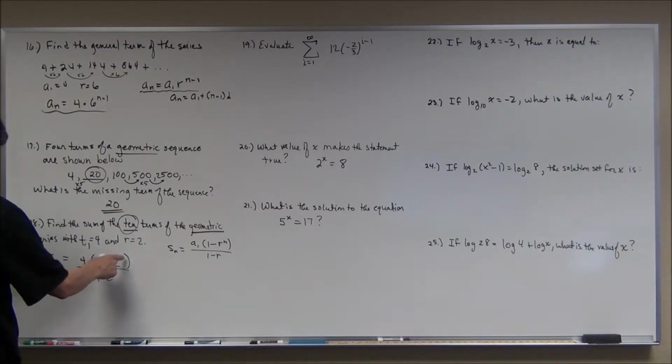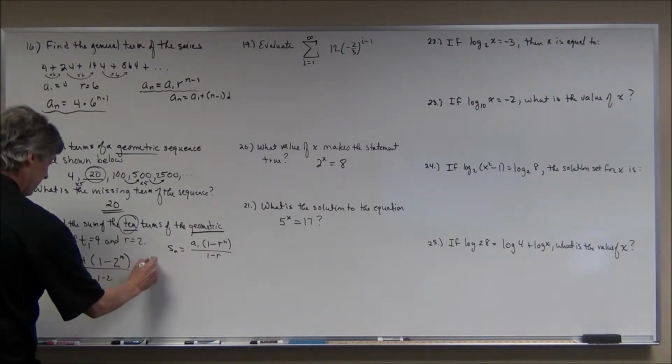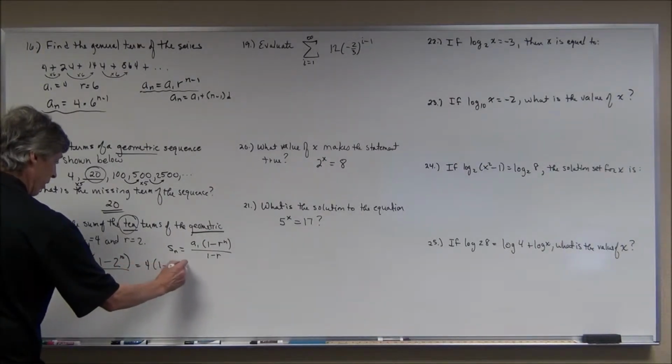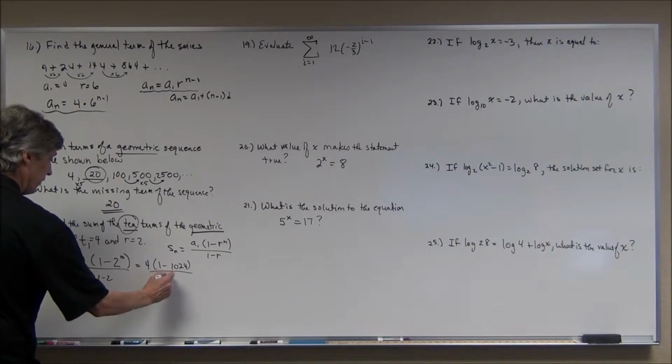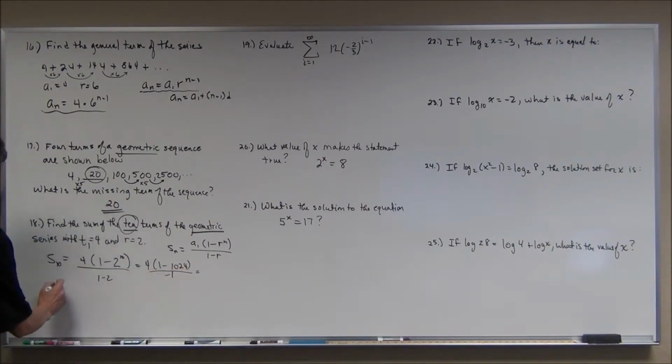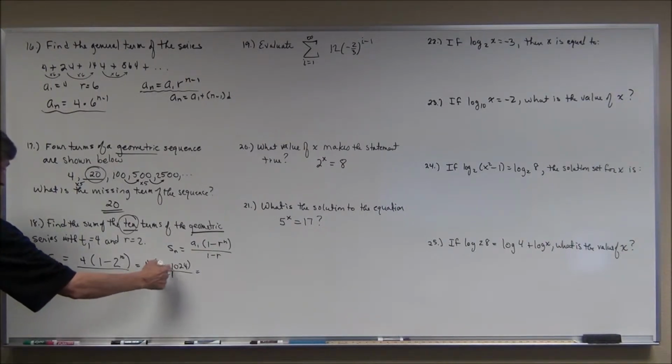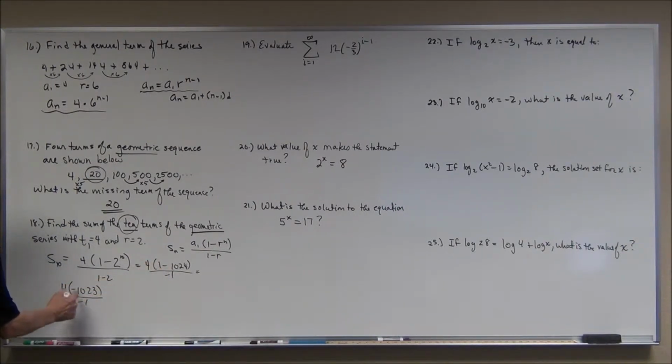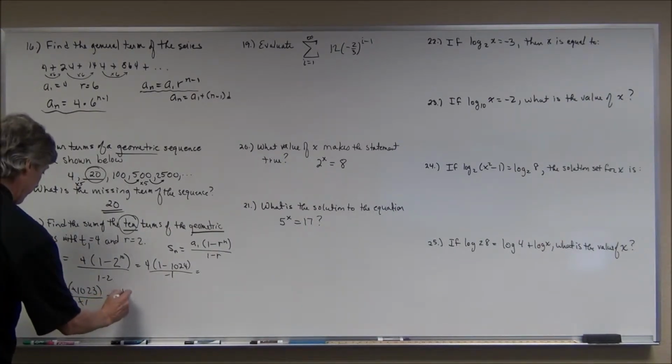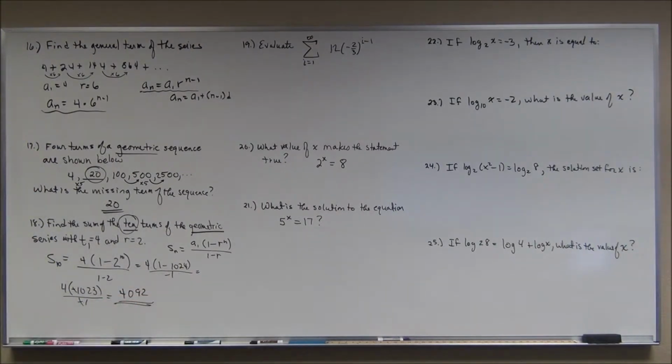Now 2 to the 10th power is 1024, and that's all over negative 1. So this turns out to be 4 times negative 1023, that's this part, over negative 1. A negative over a negative is positive. So I have 4 times 1023, that'd be 4092, if I'm not mistaken. That should be your sum.